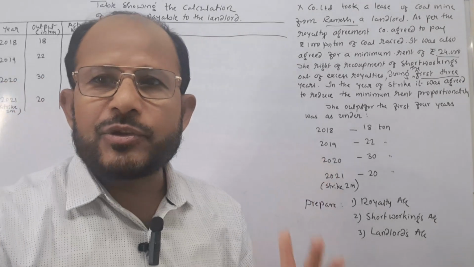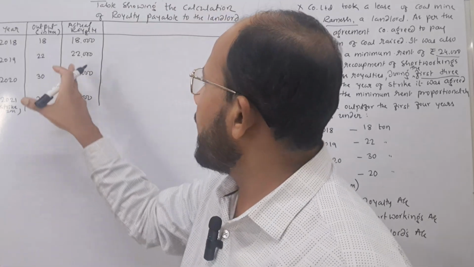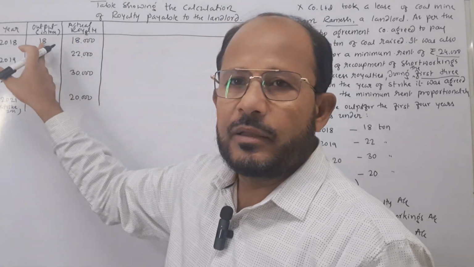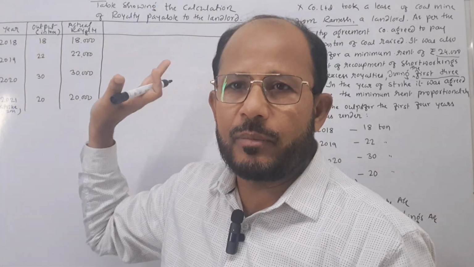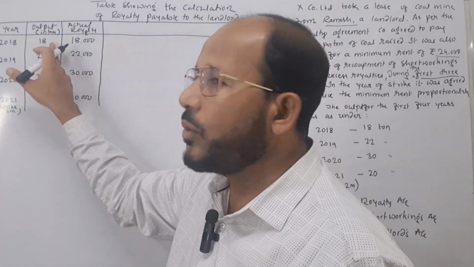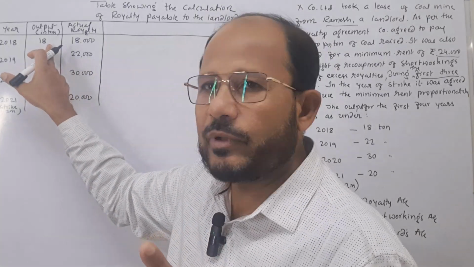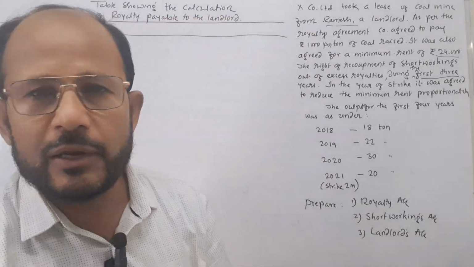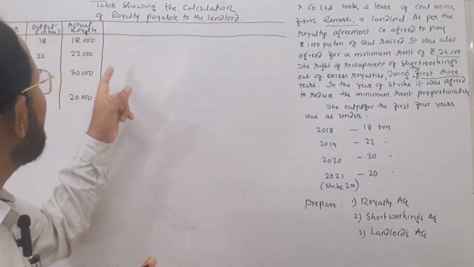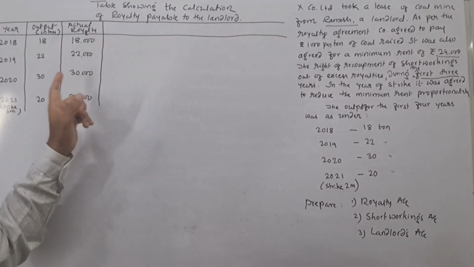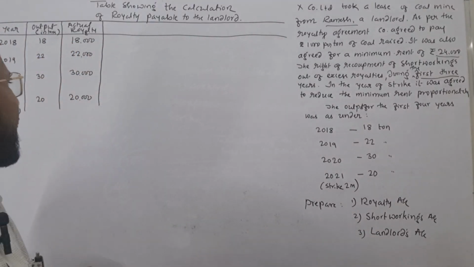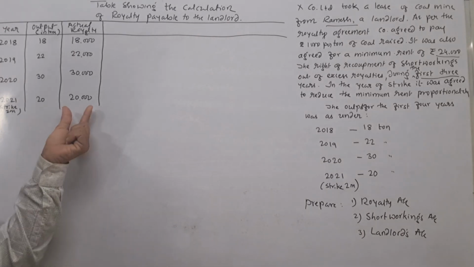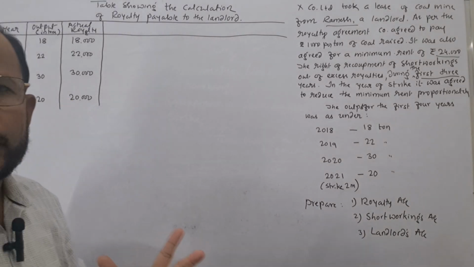Here this is the actual royalty which we calculated by applying the rate as agreed upon by the parties. 18 into 1000 per ton. 18 tons were extracted in the year 2018. Therefore, actual royalty payable to the landlord comes to rupees how much? 18,000. In the second year 22, third year 30, and in the fourth year it comes to rupees 20,000.